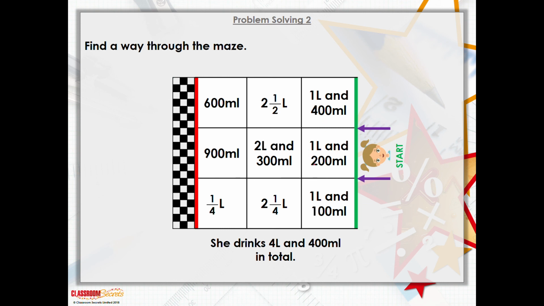So we're starting here. You need to add up different capacities so that they equal 4 litres and 400 millilitres in total. Pause the video now and work your way through that maze, adding up the different totals, and see if you can find the path which equals 4 litres and 400 millilitres.